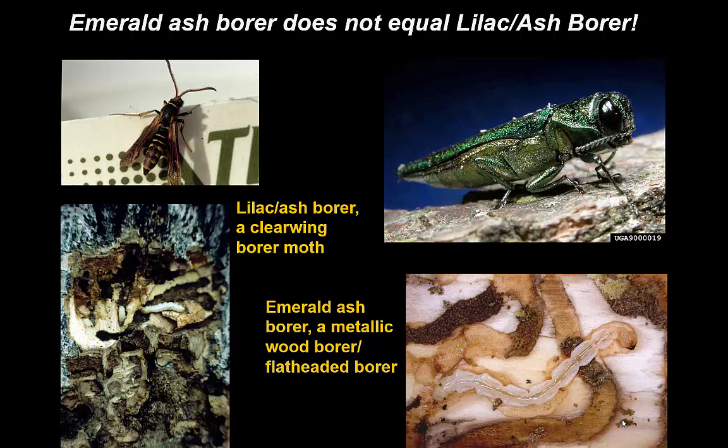It is associated just with ash, and we've also had, for a long period of time, another kind of borer in ash, one that is in the clearwing borer family, known as the lilac ash borer. So we have 2 kinds of borers now that we're talking about in ash trees, and these are not at all equal in terms of their importance in terms of tree health.